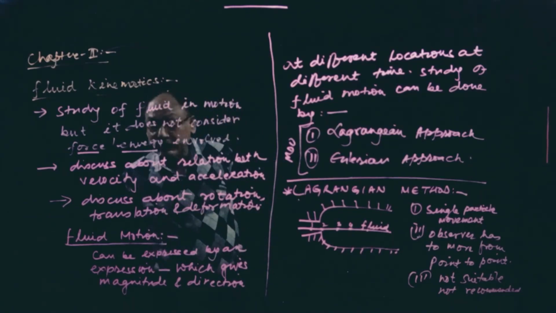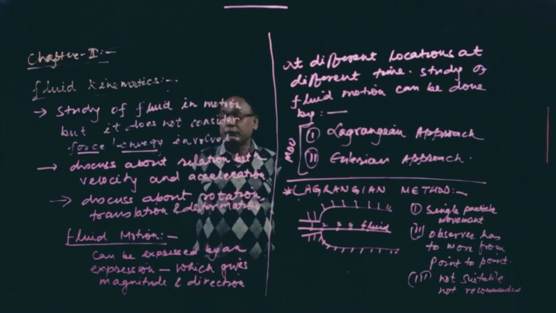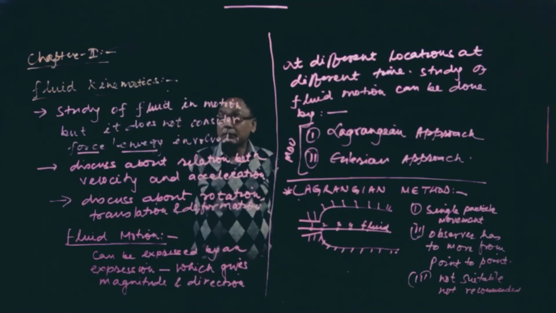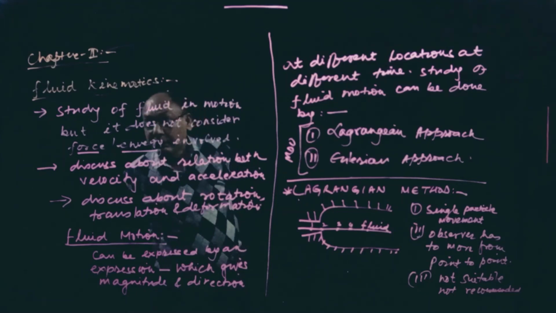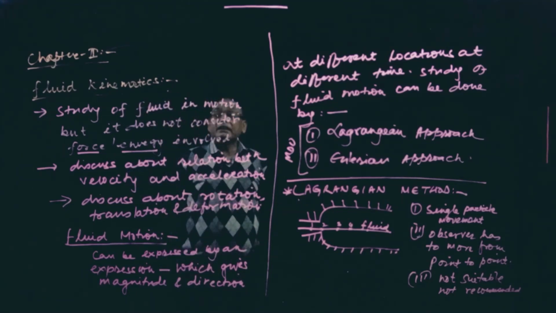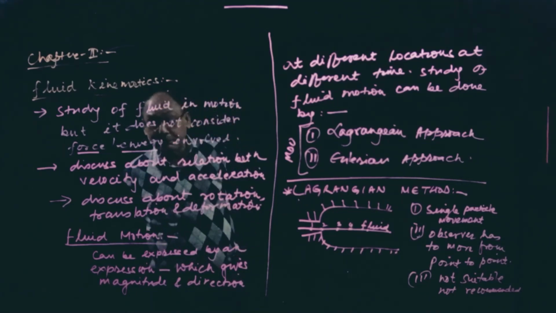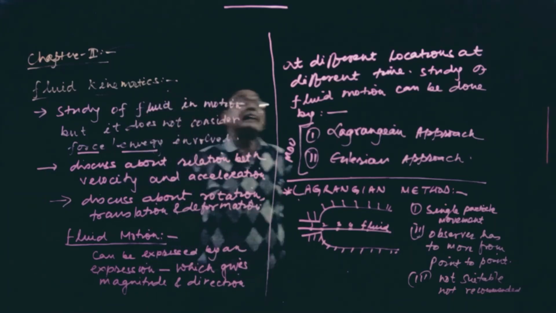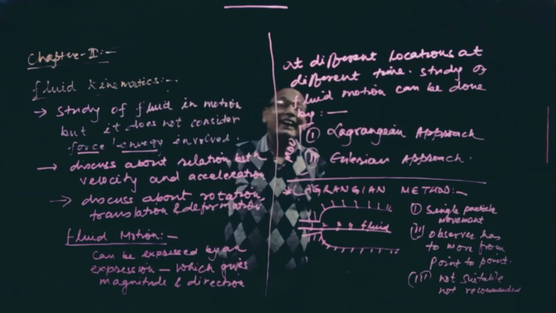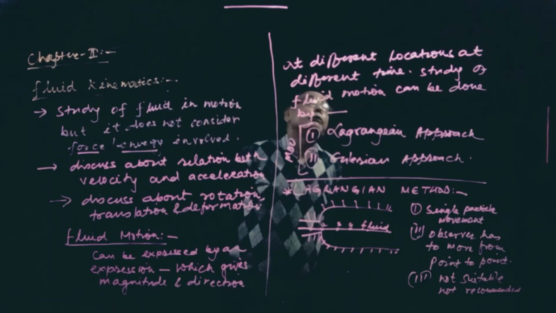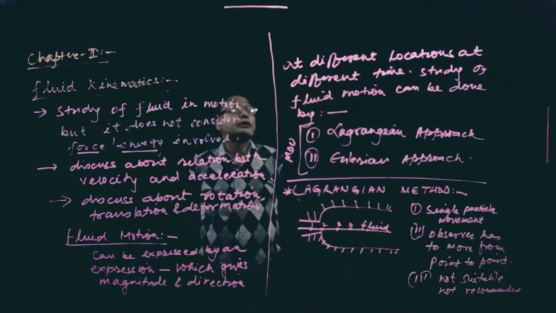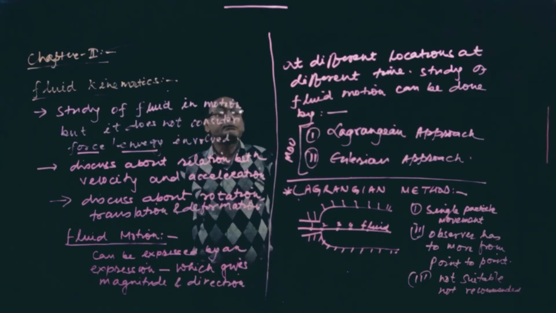It discusses rotation, translation and deformation also. Now fluid motion can be represented by an expression which gives magnitude and direction at different points, that is at different times also. So a study of fluid motion can be done by two methods.